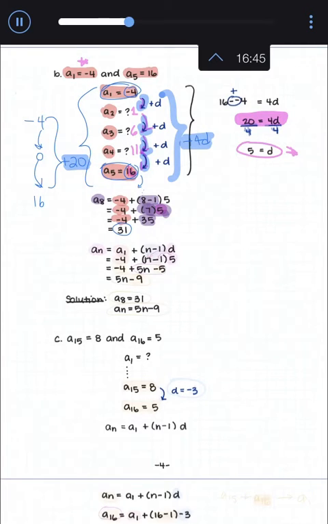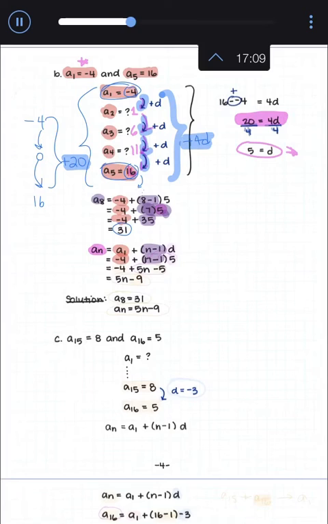Either way. But there is no other way to find out what the nth number of our sequence is going to be. We have to use our formula, which says to find the nth value of our sequence, just like before, you start out with the first value, which was -4. Then you add n minus 1 times d. We found out that d was 5. You're not going to be filling in anything for n this time.